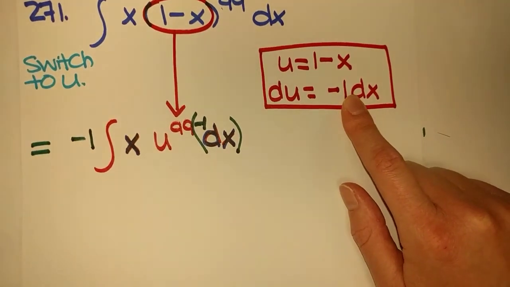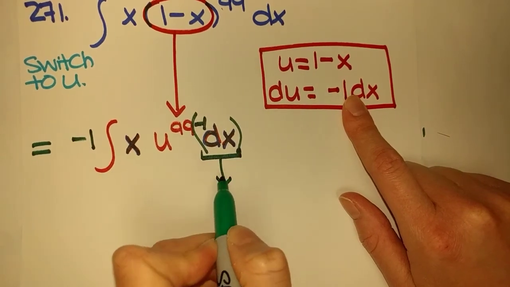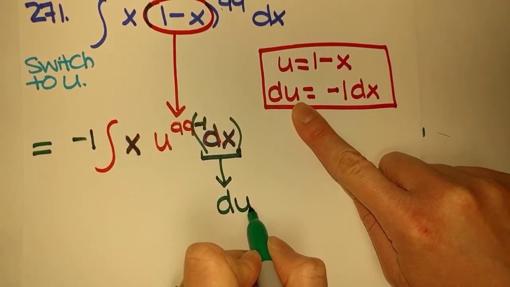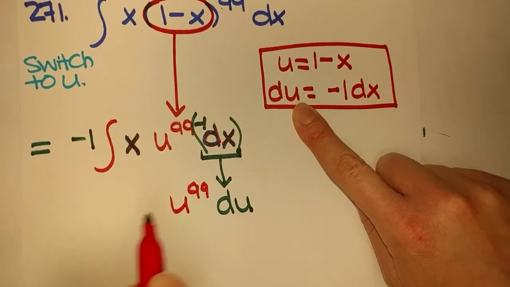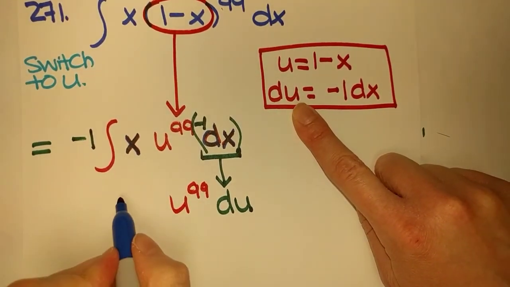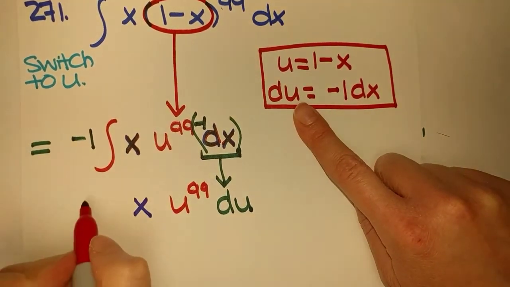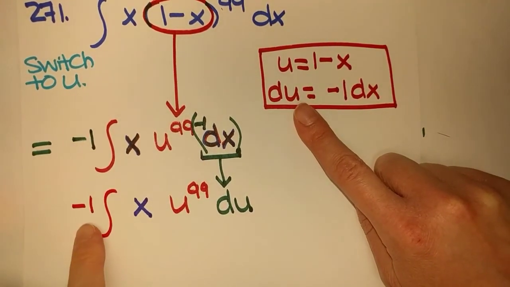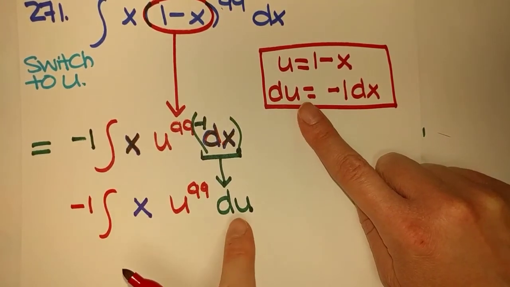Now, what that buys for us is that now this negative dx, that we can say is equal to our du. We still have the u to the 99th from our conversion, but unfortunately, we still have the x. So this is what we're looking at. We're looking at the integral negative, the integral of x u to the 99th du.